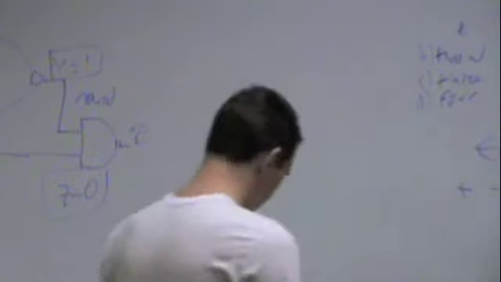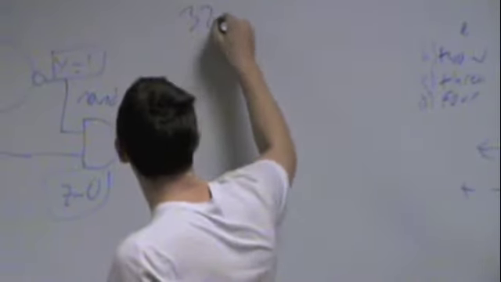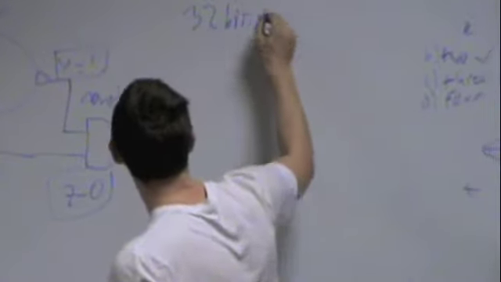How many memory locations can be addressed by a 32-bit microprocessor? 32 bits. How many memory locations can be accessed by this? Anybody know off the top of their head? 4 billion.